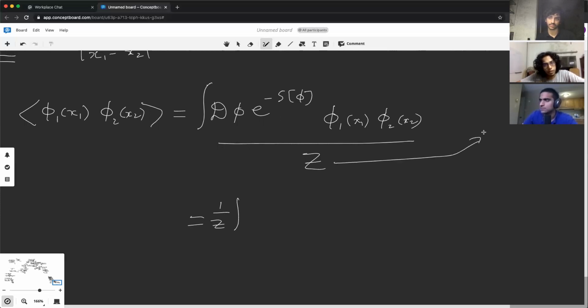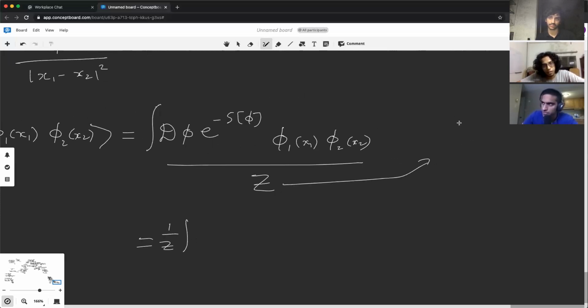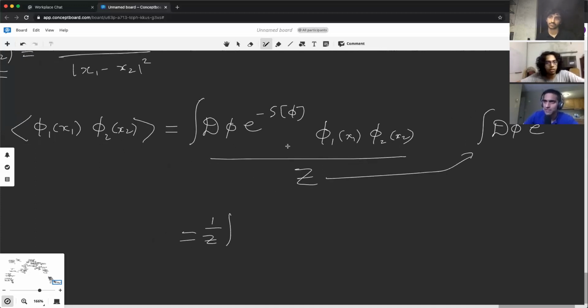Z is actually my 0-point function. That's all it is, and I'm just computing an expectation value, and this is how Feynman teaches us in the path integral formalism to do that. So the trick that is very commonly used, and we shall also use, is this one.